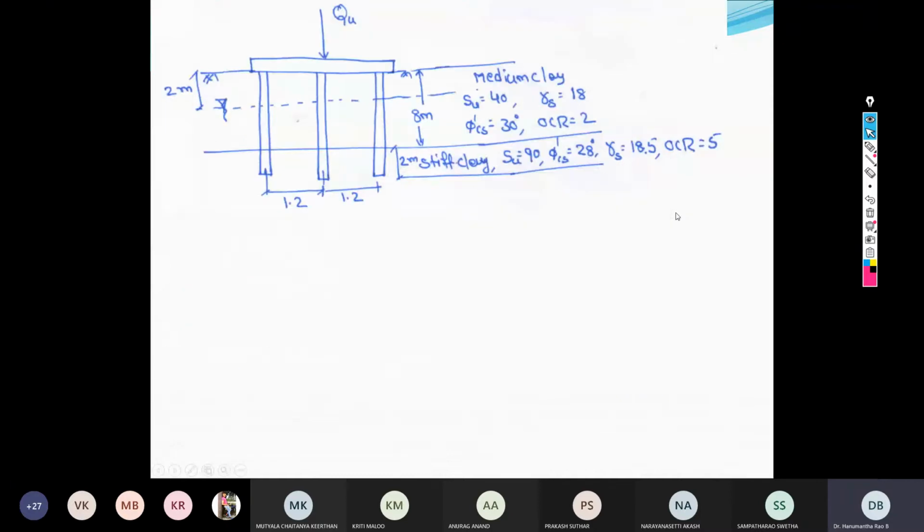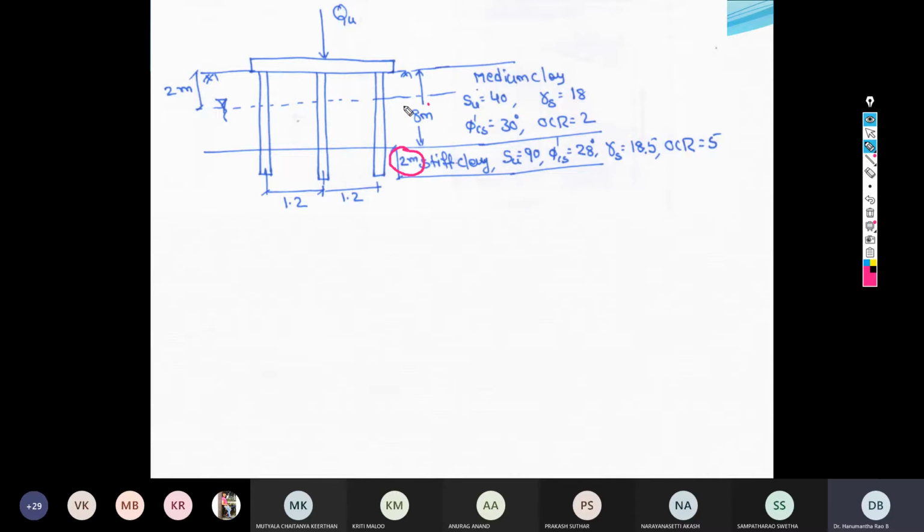Okay, so this is the pictorial representation of the given sum. This is the pile group. There are 3 number of piles, 1, 2 and 3. The spacing between each pile is 1.2 meter, and as it is given that there is a medium clay of 8 meter thick, then followed by stiff clay, into which up to a depth of 2 meter the piles are embedded.